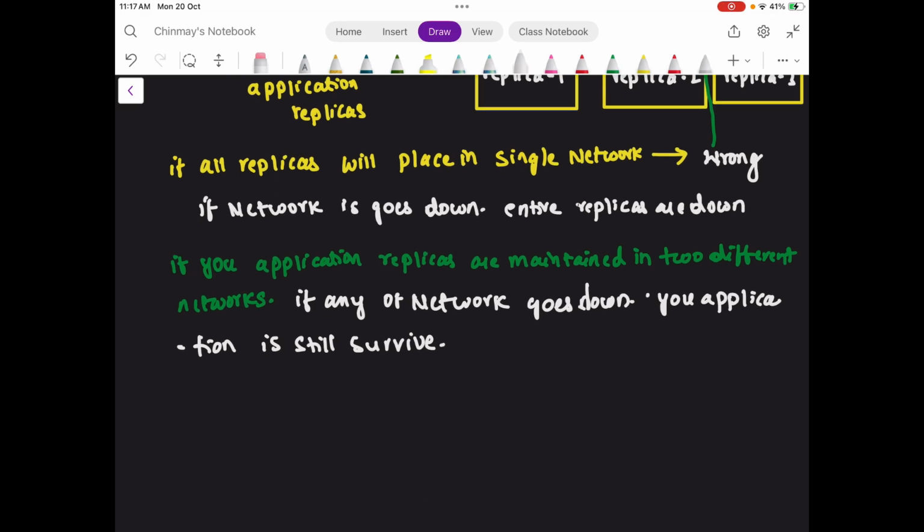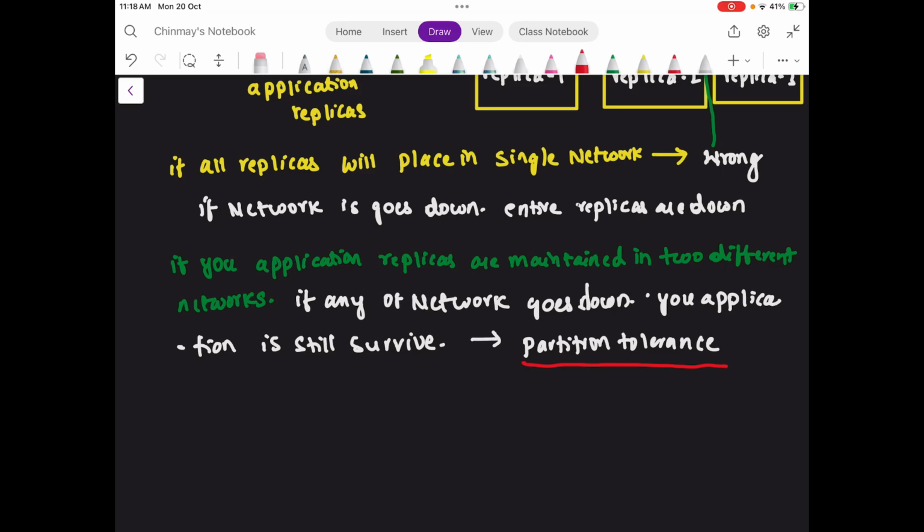Right? If your application is placed into different networks, and if any network goes down, your application is still able to survive. This property is nothing but partition tolerance. If your application has that behavior, then it shows that your application is partition tolerant.